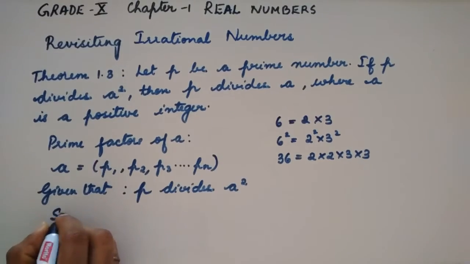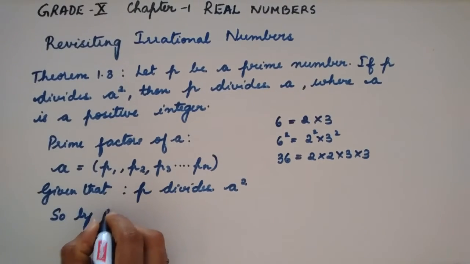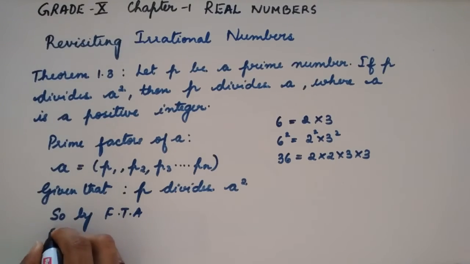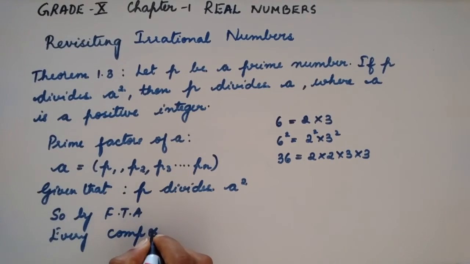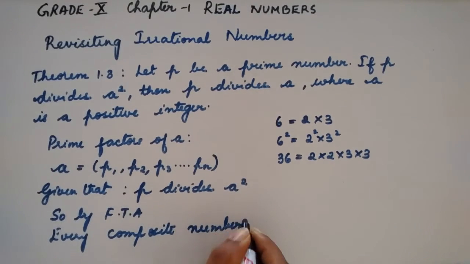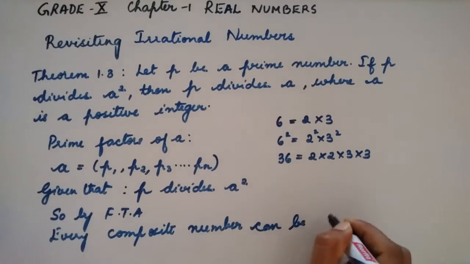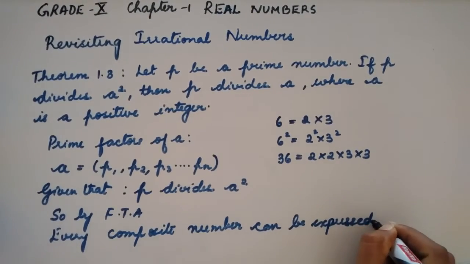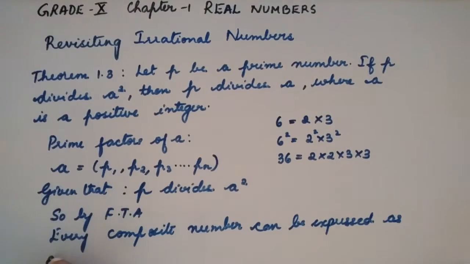So by the fundamental theorem of arithmetic, every composite number can be expressed as a product of its primes.